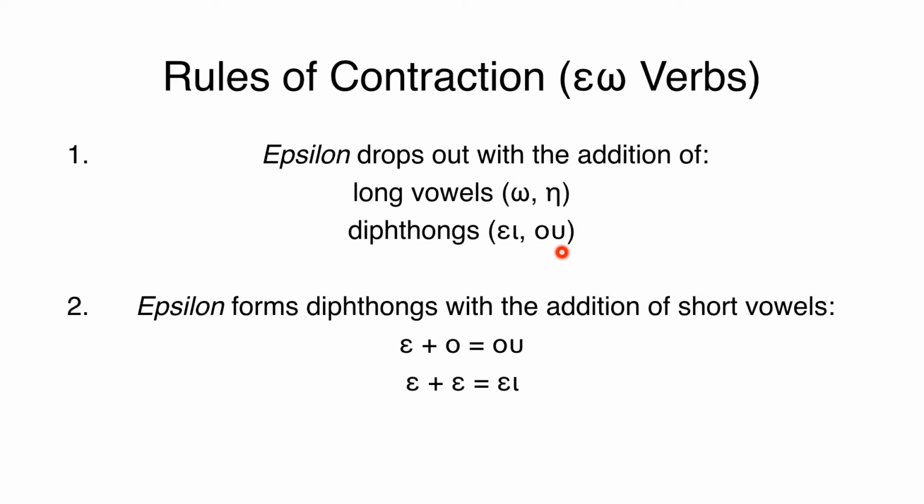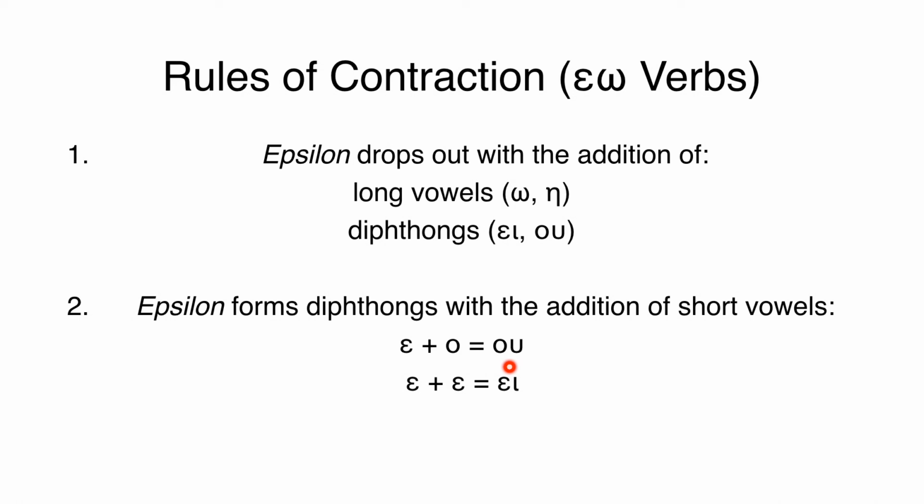Okay, so in other words, the epsilon disappears and we don't see it in the form when these letters are in the regular verb endings. The second rule, the epsilon forms new diphthongs with the addition of short vowels. So epsilon plus omicron becomes that diphthong omicron upsilon.